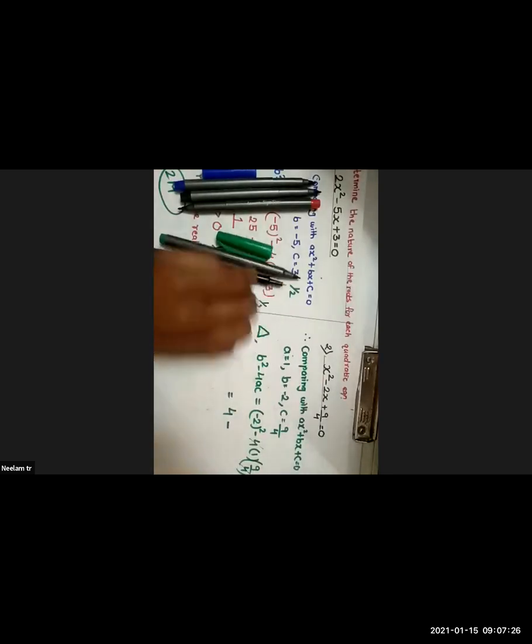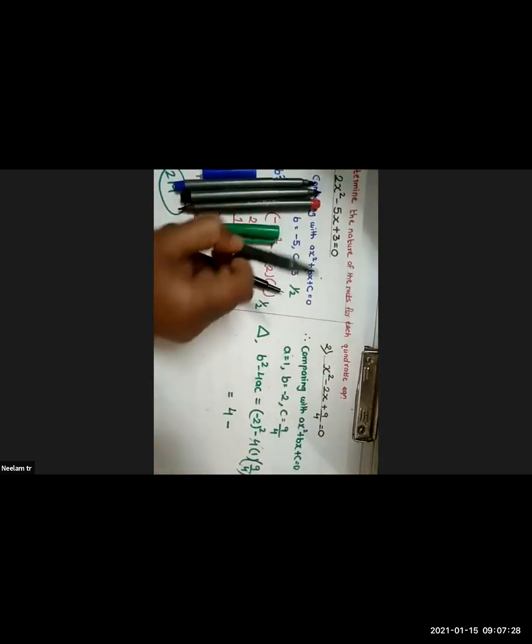Minus 2 square, minus 2 into minus 2, you'll get 4. Then 4 into 1 into 9 by 4. The 4 will cancel out, 9 ones are 9, you'll get 9 here. Then 4 minus 9, you'll get minus 5.